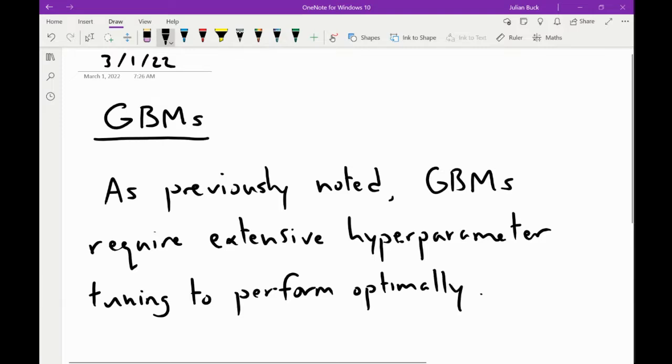This does not mean that they can't perform well off the shelf, out of the box. With a simple enough data set, their performance will be just fine. And in some cases, even with a more complicated data set, they still perform well without any tuning, just based on what the data looks like.